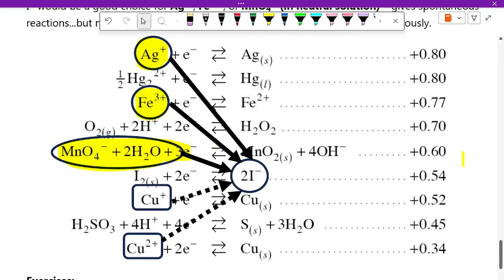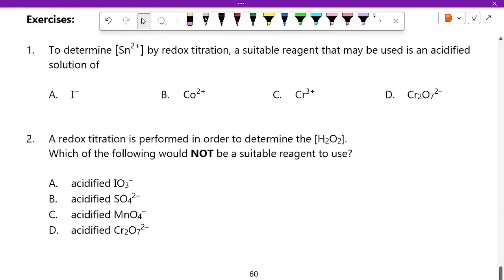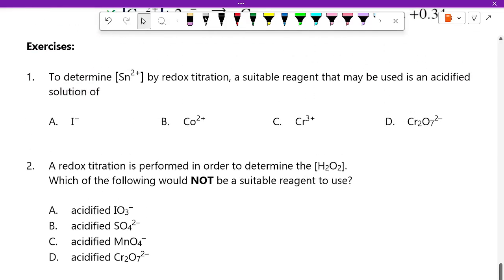But you could not use iodine if you had to react it with copper+ or copper 2+, because it simply would not work. Yes? Okay. There are huge quantities of exercises here because it's such a huge part of the curriculum. All right, two little exercises there.